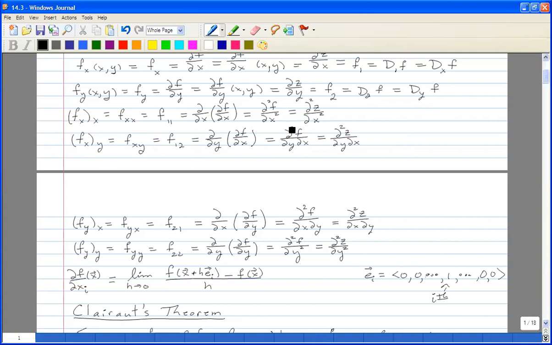So if you take the second derivative of f with respect to x and then to y, it's curly d squared f over curly dy curly dx. And again, you can let f of x, y equal z. And so the partial of f with respect to y, followed by the partial of that with respect to x, is denoted by a subscript of yx, or a subscript of 2, 1, or curly d squared f over curly dx curly dy.